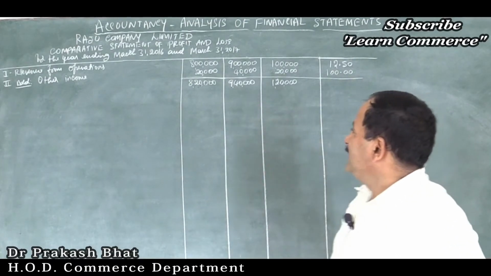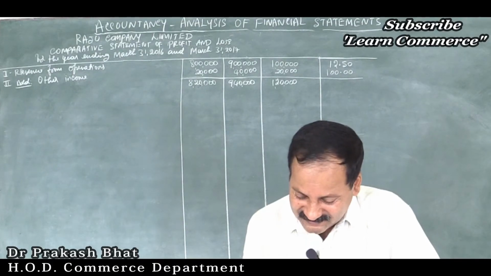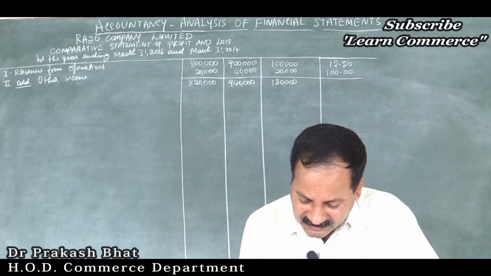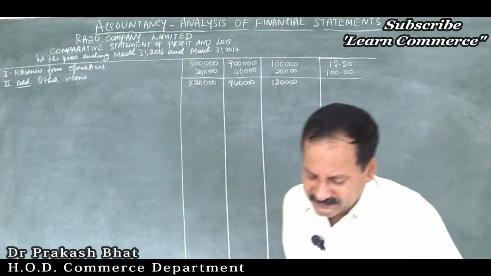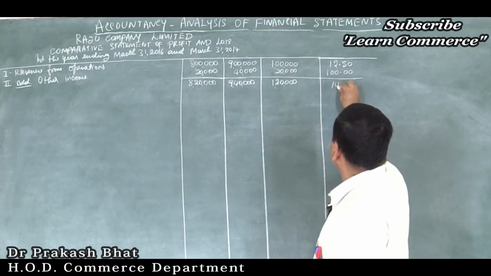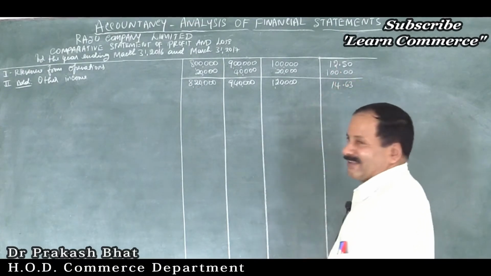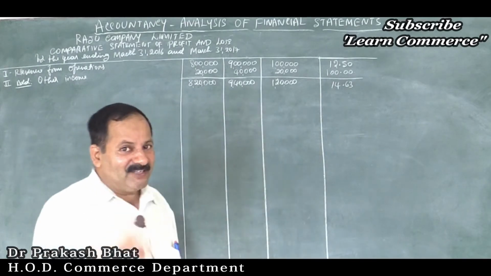Just calculate. 1,20,000 into 100 divided by 8,20,000. 14.63, is that correct? 14.63. There are students who will write 112.5. That's the reason I told you. So make sure it is not like that.